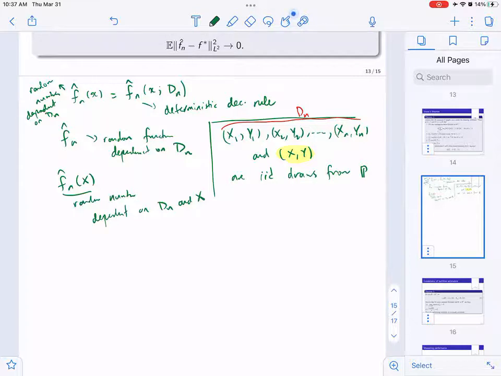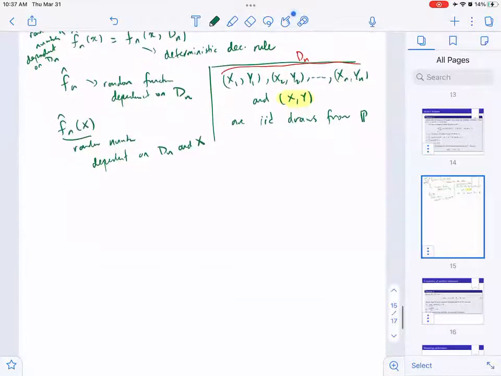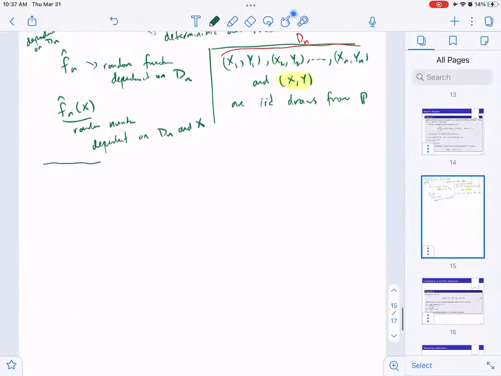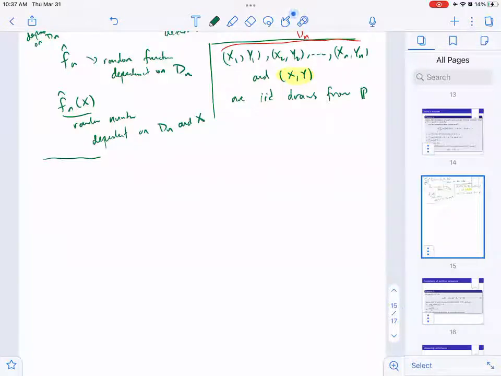Okay, so what we can do is measure the distance of two functions. Let's say if I have a deterministic function, if I want to measure how close it is to f star, I can take the L2 norm, which is just the integral of this with respect to mu.